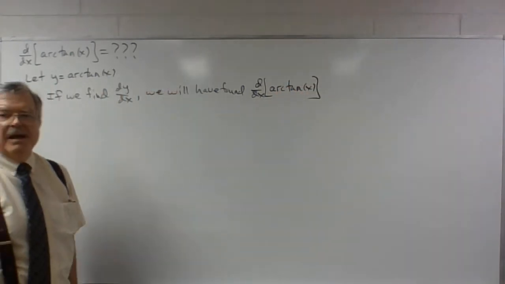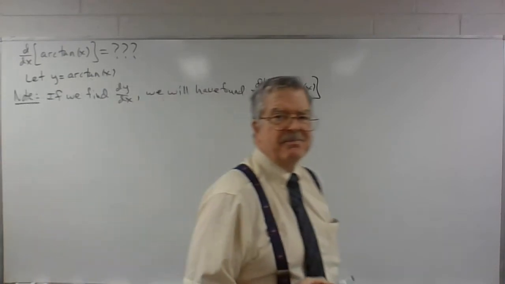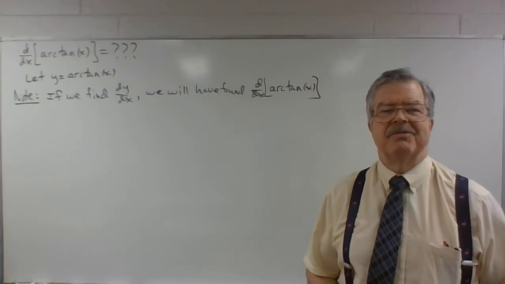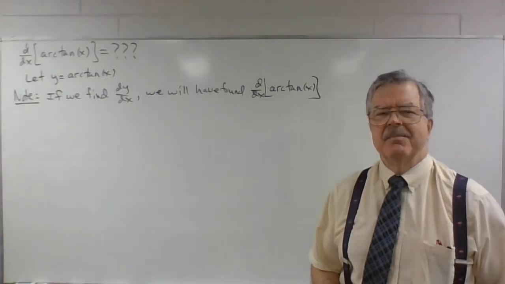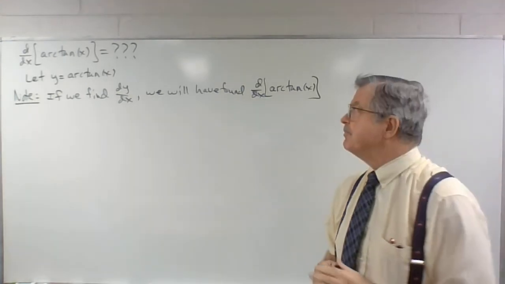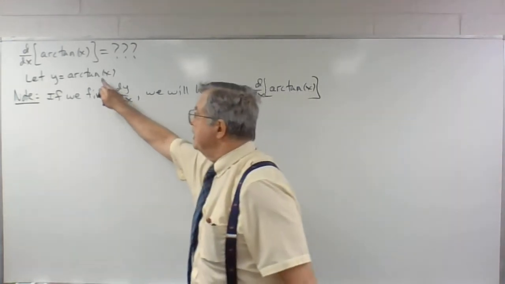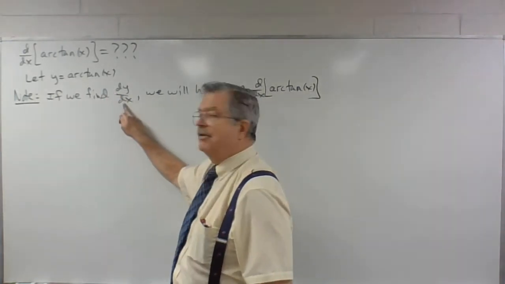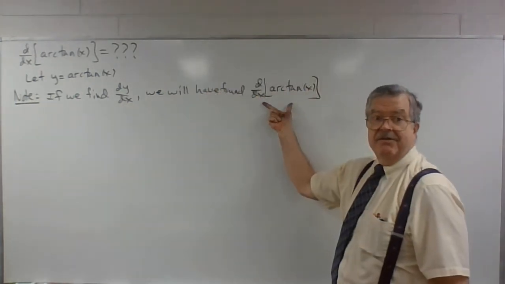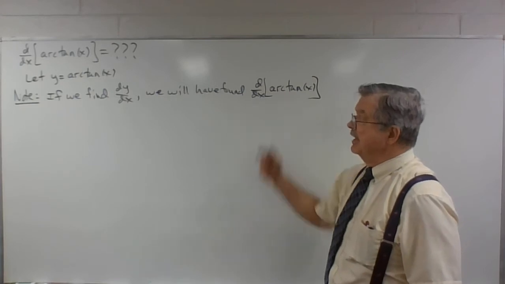And this makes a lot more sense than when we said if we find dy dx, we'll find inverse sine. Because now we sort of have an idea of how we're going to proceed. Y is the inverse tangent, so if we find the derivative of y, that means we found the derivative of inverse tangent.